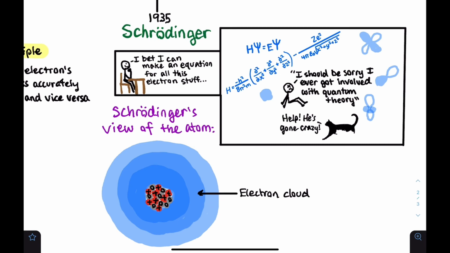And if the electron is not in that position, it will not break the bottle of cyanide, it will not kill the cat. And Schrödinger's thought experiment was that, okay, this cat will be dead and alive in that box until we open up the box and we look at it. And then it will either be dead or alive, and it will not be both at the same time anymore. Too complicated. Way too complicated. Makes you very happy that we're only dealing with atoms and not with zombified cats.